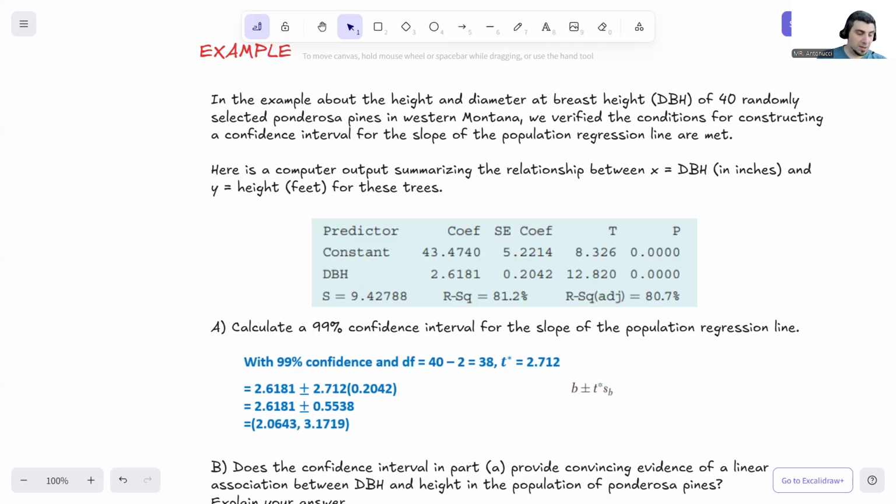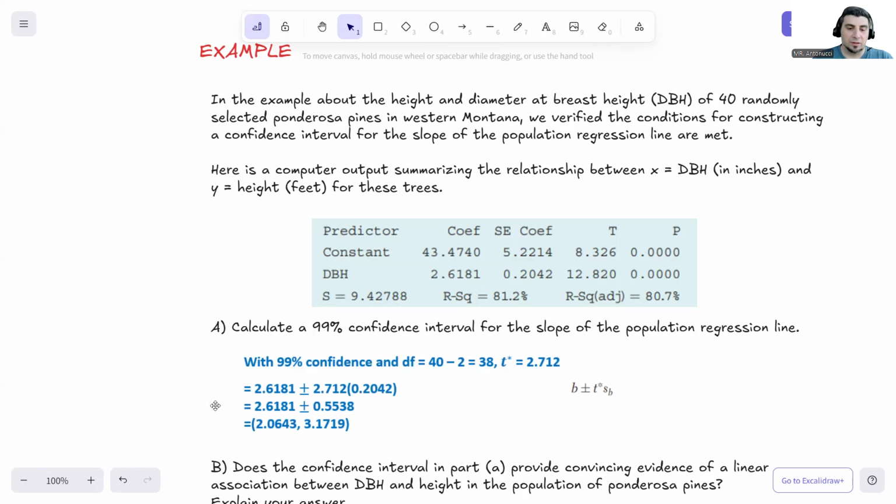Now, with Table B, you're going to have to use 30 degrees of freedom, and the t star critical value is going to be 2.75. So the confidence interval from the table is going to be slightly different, but it's still a valid way to do it. But here, our confidence interval is 2.0643, comma 3.1719.